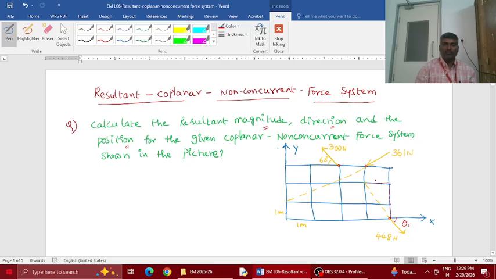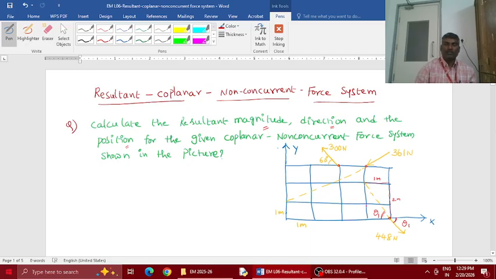So you can see this is 1 meter and the total height of the triangle is 2 meters. It is the same if you take this triangle also. It is your wish to calculate the angle with respect to x or y. Here I have considered this as theta 1, so this also becomes theta 1. The opposite angles will be same.